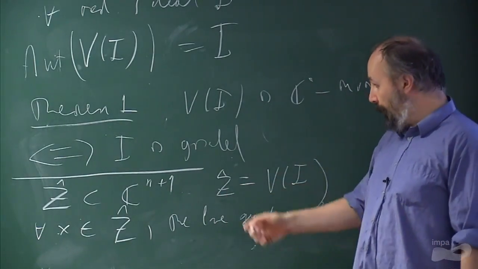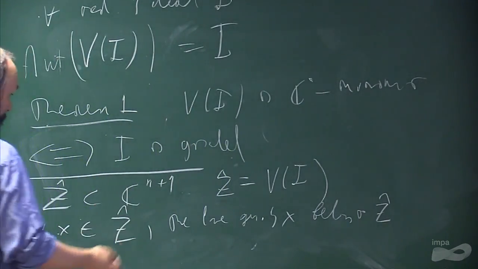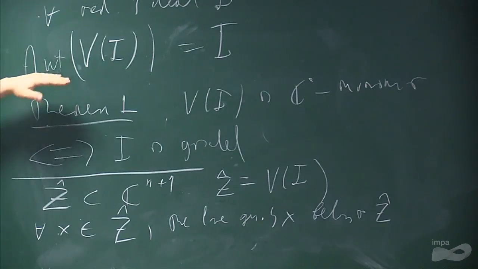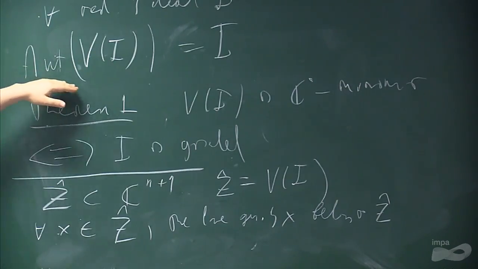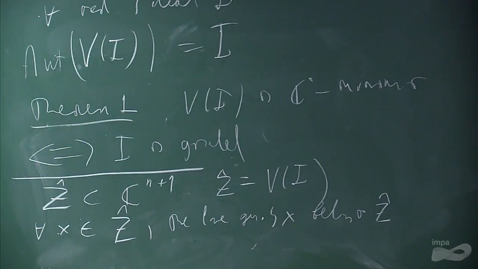This will be Z hat. If you start with Z hat, you consider its vanishing, the annihilator, the set of all functions where it vanishes, and it gives you a graded ideal, and this graded ideal defines you the Z.